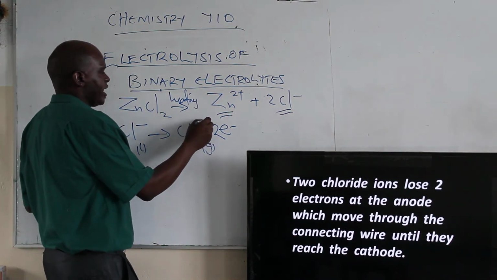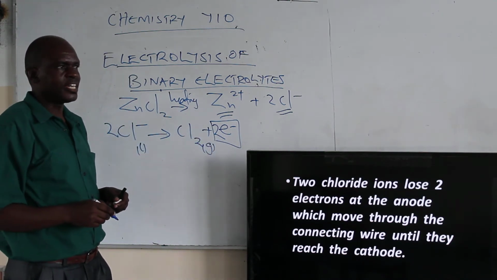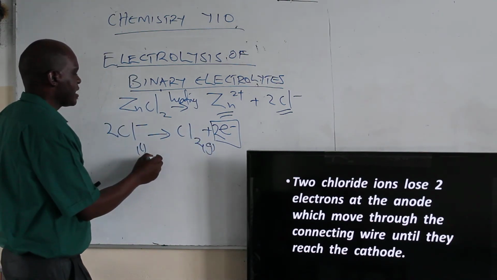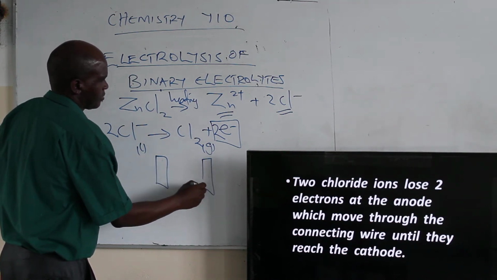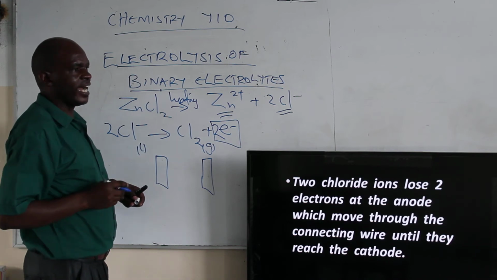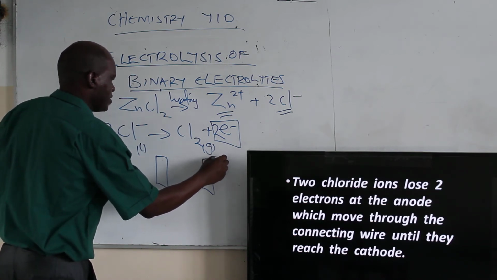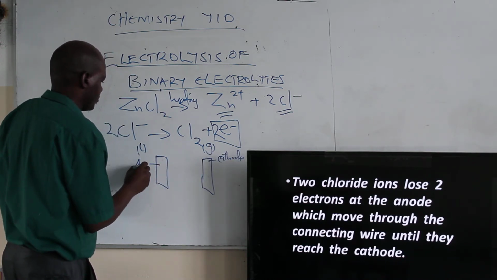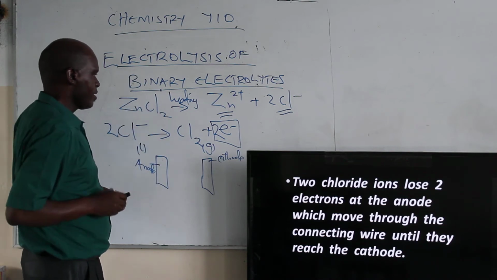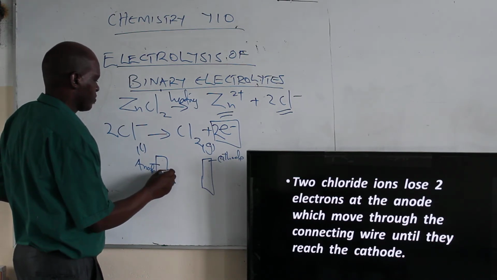When these two electrons are given out, they're not going to be hanging. Remember that we had the two electrodes. We had the anode and the cathode. Now, if this is, let's say, for example, the cathode, and let's say this is the anode, and the chloride ions have been attracted towards this and have left out two electrons on it.